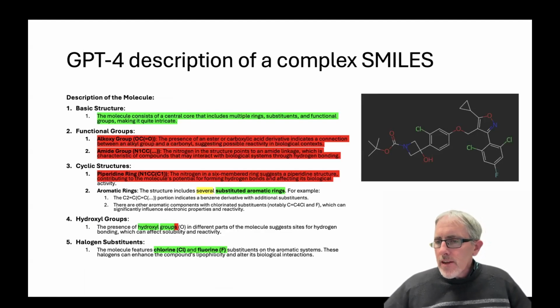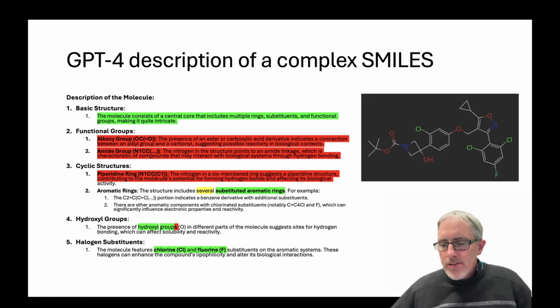But that's really the exception. When you get to more complicated molecules, not even as complicated as the one I'm showing here, you'll often find errors. And so here I took a SMILES code for a complicated molecule that couldn't exist within the large language model's training data and asked for a summary of the functional groups and found significant errors.